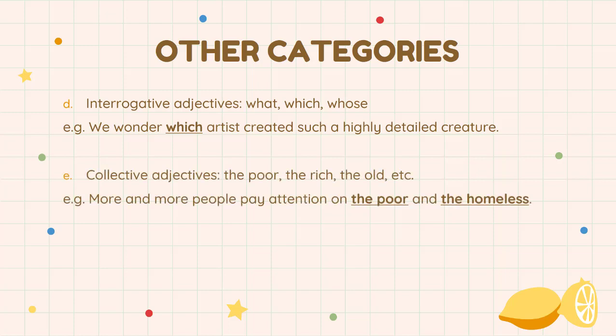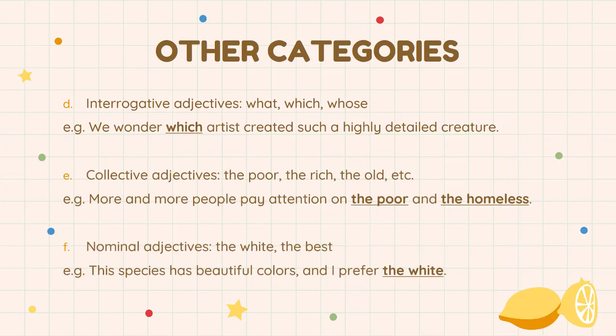Okay, the next is collective adjectives and nominal adjectives. They are the same actually. They are adjectives that function as nouns by adding the before the adjective.